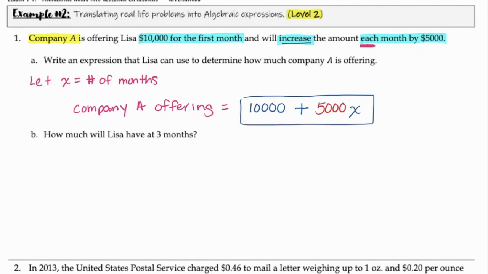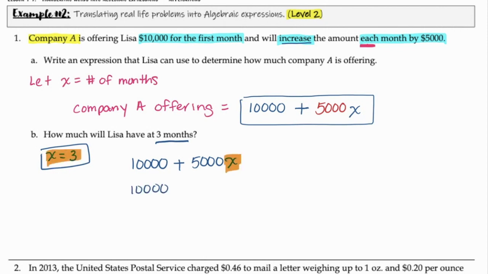How much will Lisa have at 3 months? So now they're giving me how many months she might have, which means X equals 3 months. If I know what X equals, what can I do to the algebraic expression I already know? Yeah, I could replace it. So I know that X is equal to 3. I have an X here. I'm going to substitute.